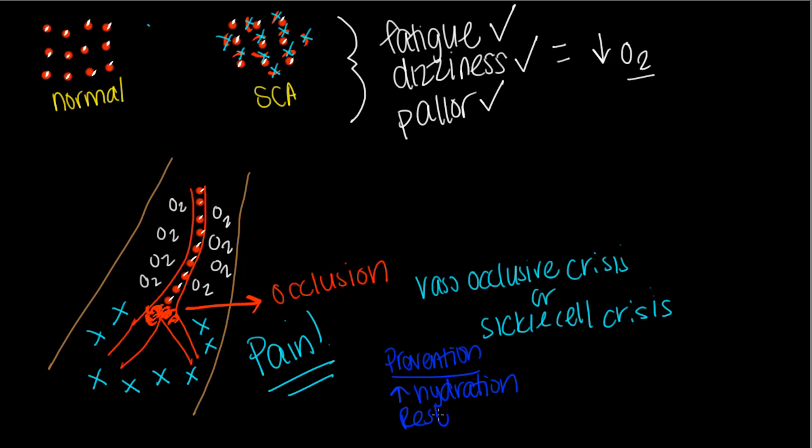Rest, okay? Increase rest. If we're talking about someone that might be an active person, increasing rest is important. We know that when we are very active, we are increasing the need for oxygen consumption. So in a situation where we might be increasing the need for oxygen to be consumed by the body because we're very active, resting in between is going to help.